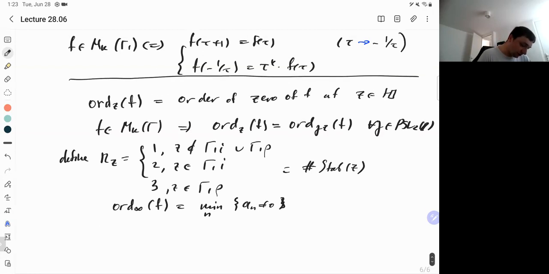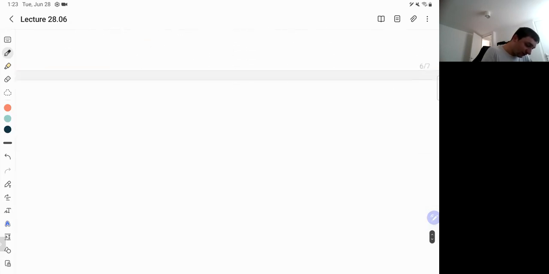Okay, so now the theorem that I want to state is as follows. For any f, a modular form of weight k for gamma 1, f non-zero, there is the following identity.